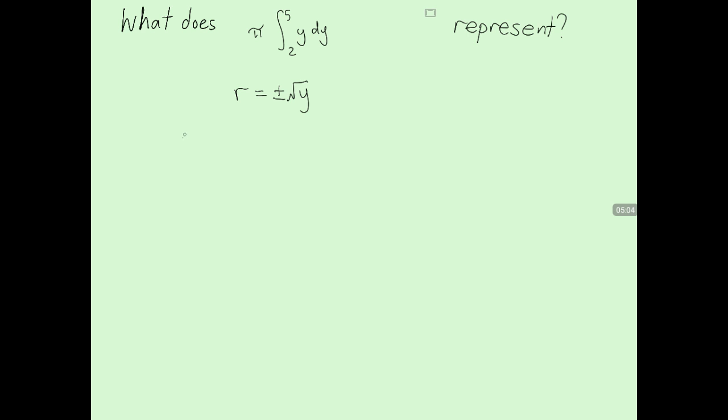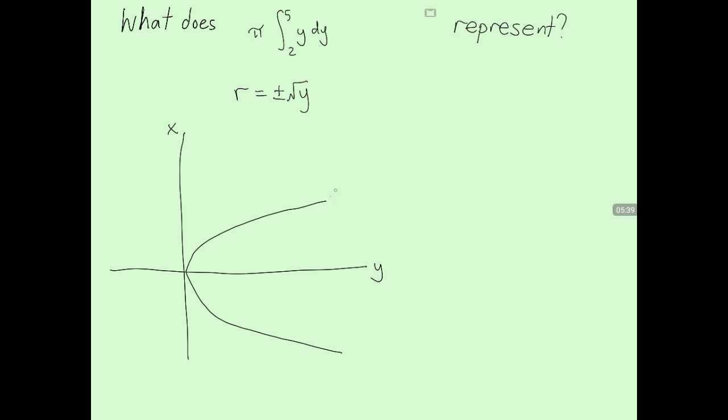So if I draw a graph for this, if we draw the graph for plus root y, and if we let y be the horizontal axis and x be the vertical axis, we're just switching things around here. It really doesn't matter what we name our axes. If we let the function be plus root y, then it's going to look like this. But if we rotate this around the y-axis, it doesn't really matter if it's plus root y or negative root y.